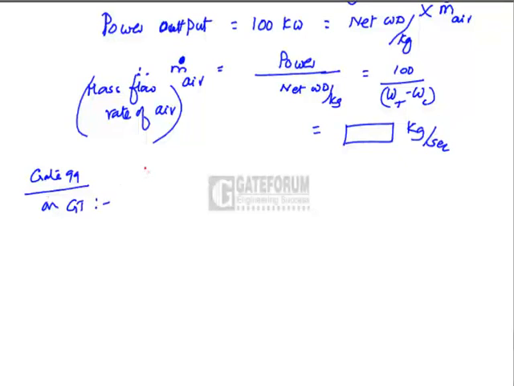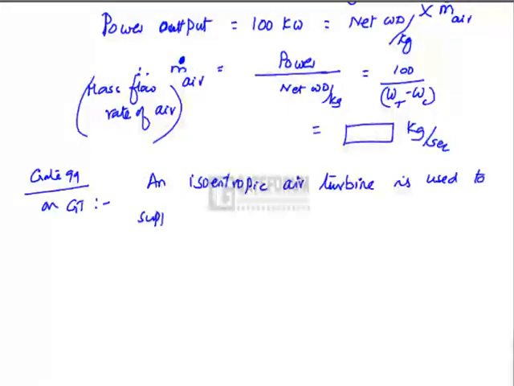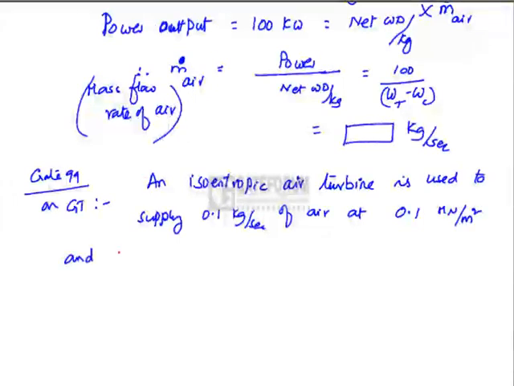The problem is given as: an isentropic air turbine, which is nothing but a gas turbine, is used to supply 0.1 kg per second of air at 0.1 meganewton per meter square and at 285 Kelvin to a cabin.